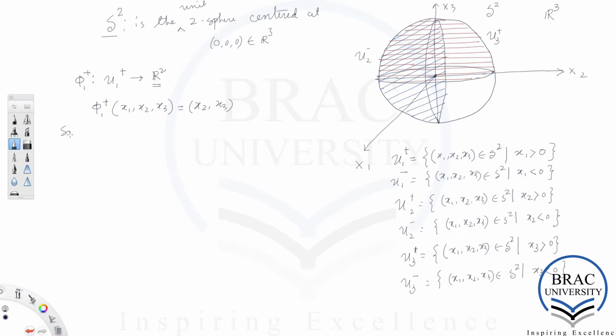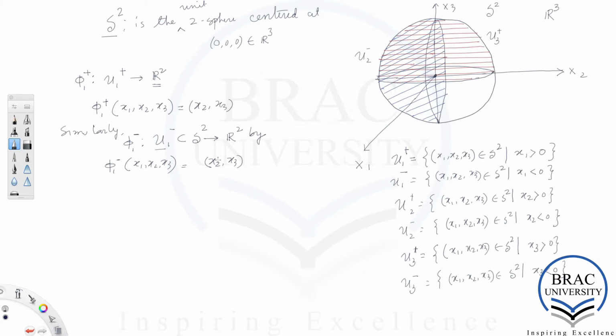Similarly, one considers phi 1 minus, which is the map from U1 minus, an open subset of S2, to R2 by the following action: phi 1 minus acting on X1, X2, X3, where this triple is from U1 minus, is projected onto the pair X2, X3. Just disregard the first coordinate.